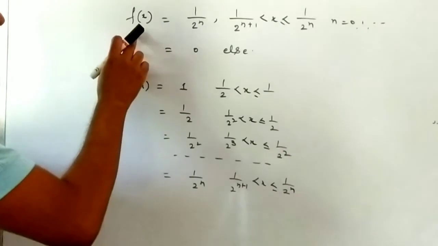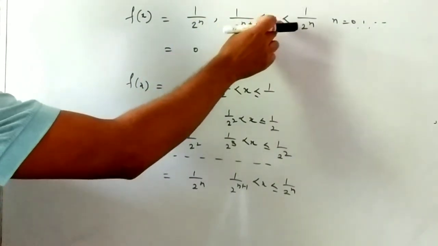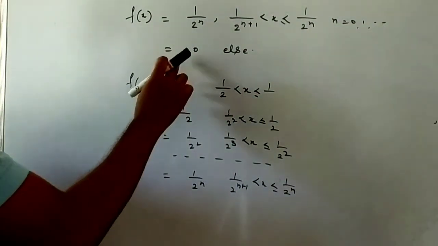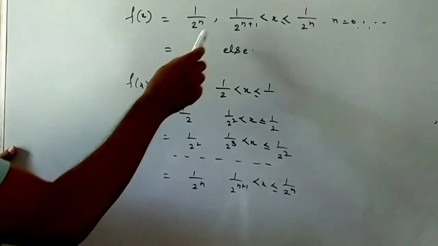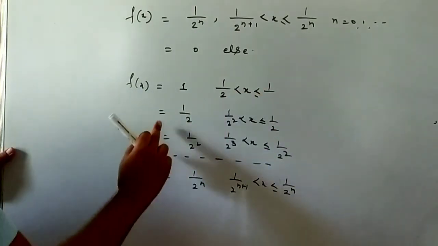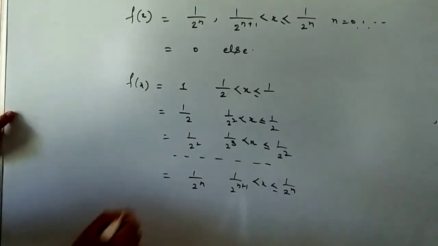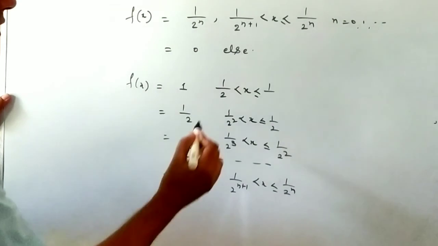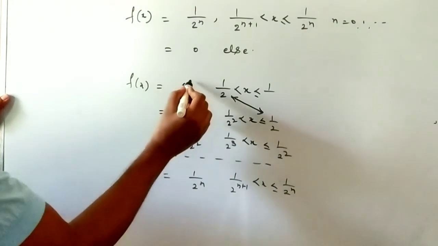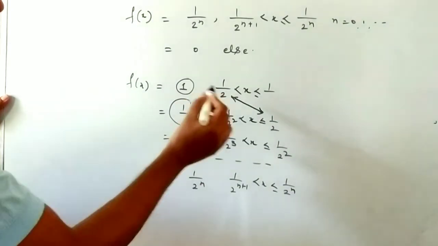Here the function is f(x) equals 1/2^n such that 1/2^(n+1) is less than x less than or equal to 1/2^n, n equals 0, 1, 2, and 0 elsewhere. If we put n equal to 0, then this is 1, then this is 1/2, and so on. Clearly this function at the point x equal to half has lower limit 1 and upper limit half, so it is not continuous at a half.